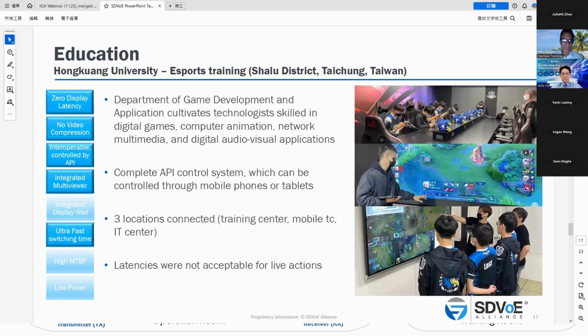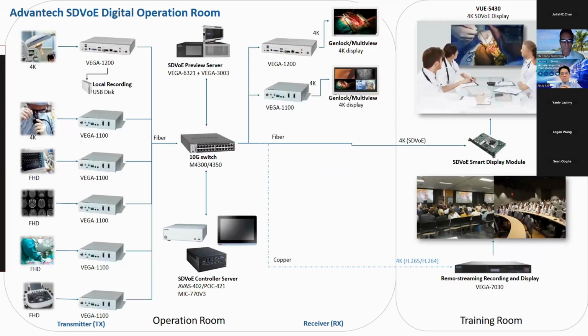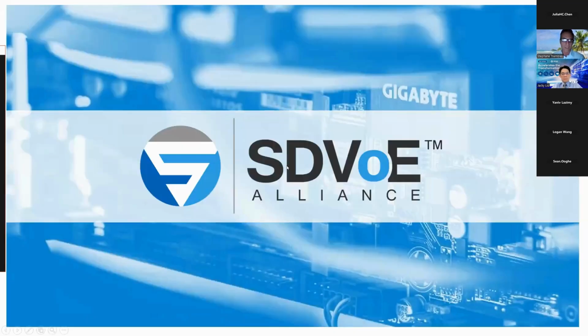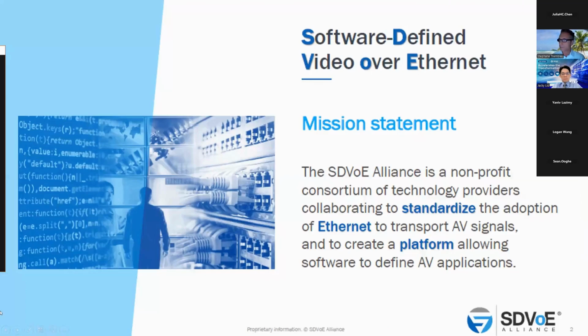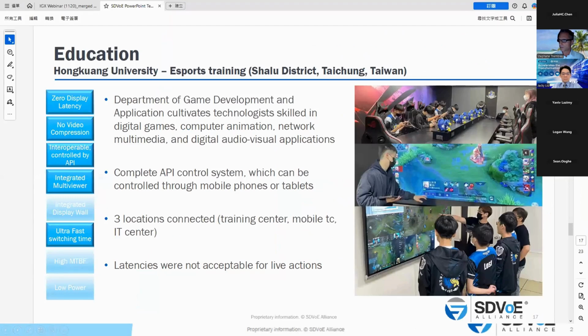This one is education. Very often, lecture halls in universities are connected with SDVoE technology. They require for every lecture hall only one wire, and that one wire needs to transport video in, video out, and 1 gigabit of Ethernet data for the wireless access point.